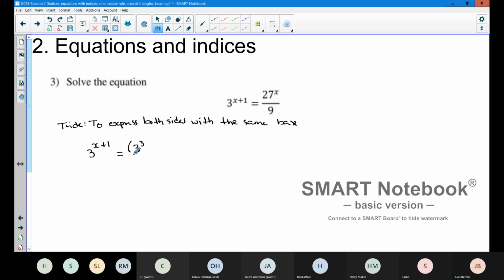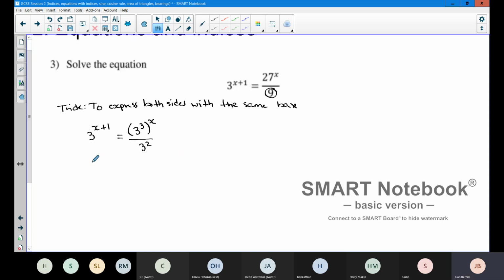And then I've got that to the power x. And underneath I've got 9, and 9 is the same as 3 squared. So that's the first step.